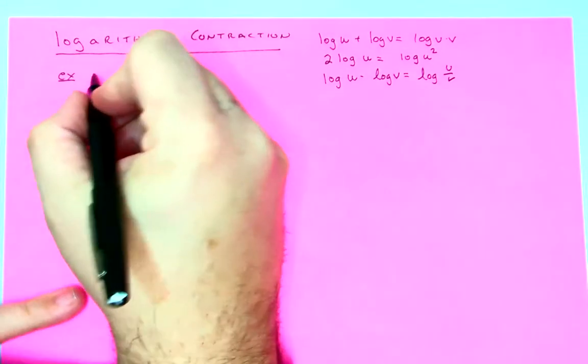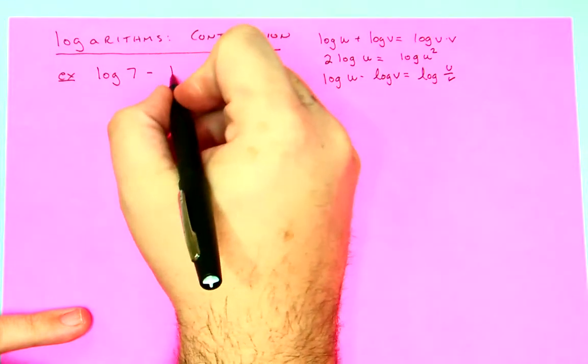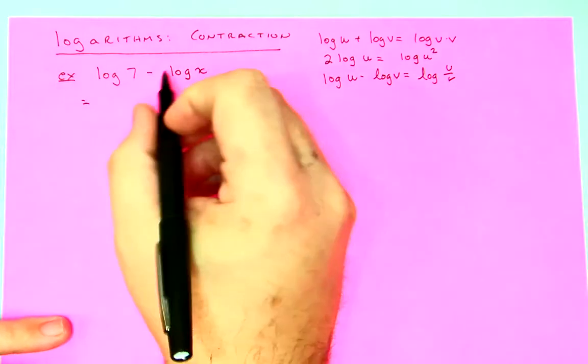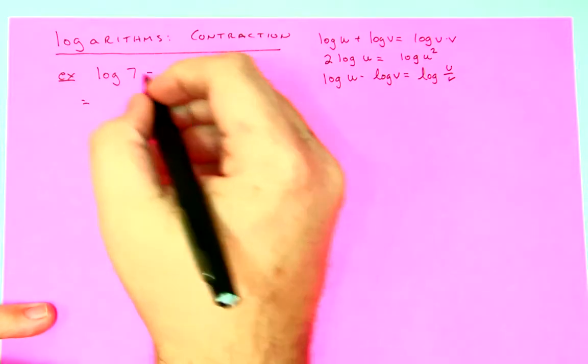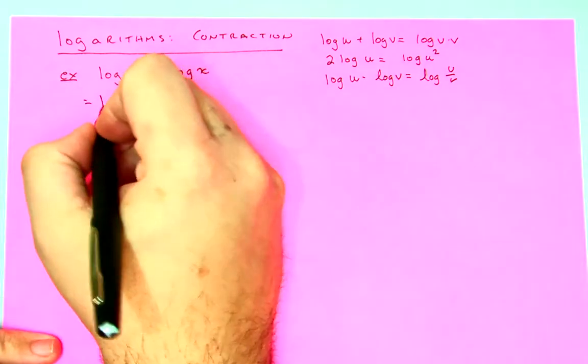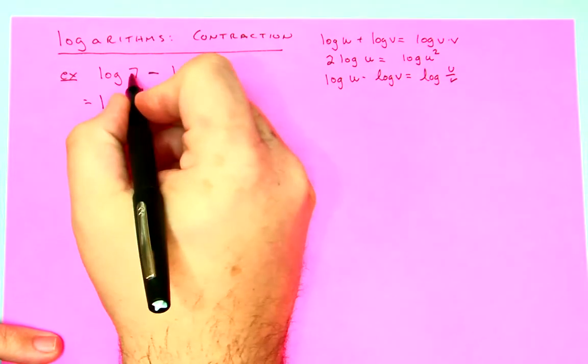Now, for example, let's say we have log of 7 minus the log of x. Take a look at what you got. We have a subtraction sign. Subtraction says we're going to end up with division. Log of 7 over x. Top, bottom.